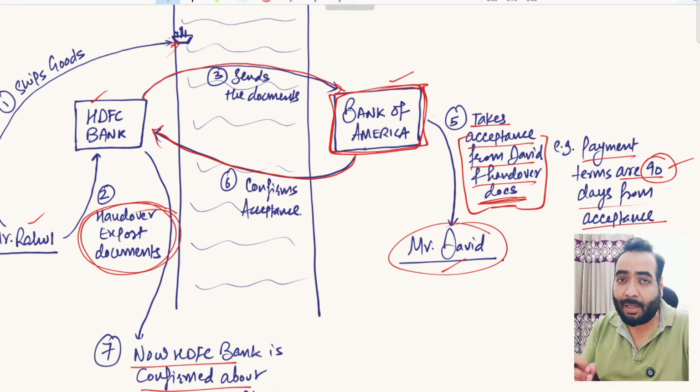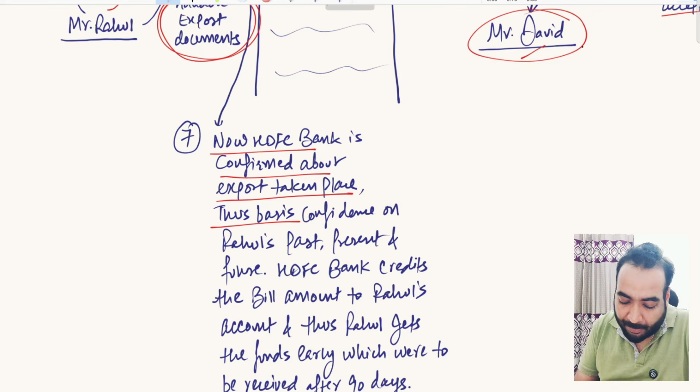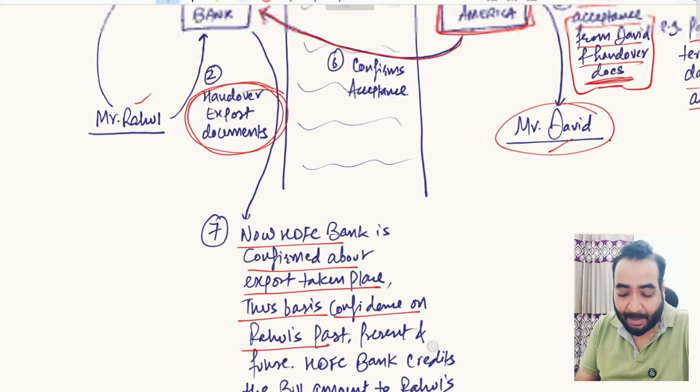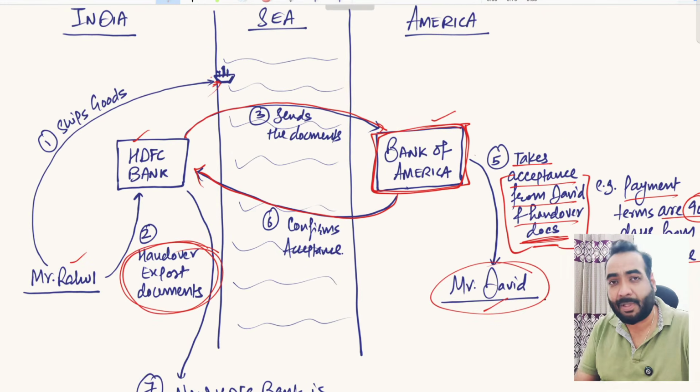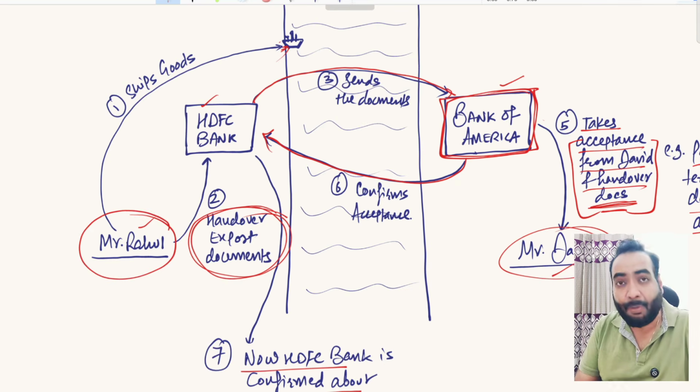So now HDFC Bank is sure about the genuineness of this transaction, and sure that the export has actually taken place, and the other party has also committed to it and is ready to accept the goods. HDFC Bank has got the confirmation of the export taking place, but the main borrower for HDFC Bank is Rahul only.